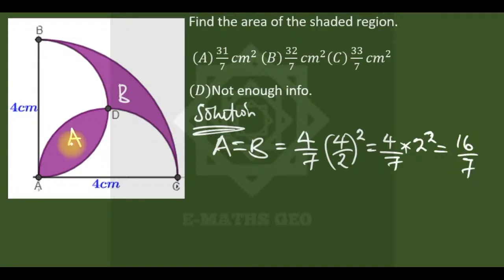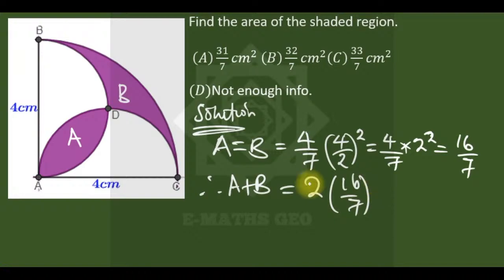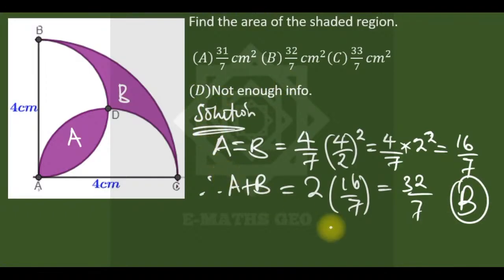So A and B are each equal to 16 over 7, which implies that A plus B, because that's what we are asked to find, the area of the shaded region, is 2 times 16 over 7, since both are equal, which is 32 over 7. So the answer is option B. So that's the first one. Let me now prove how I got this formula, A and B each equal to 16 over 7.